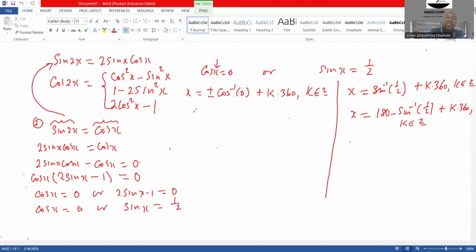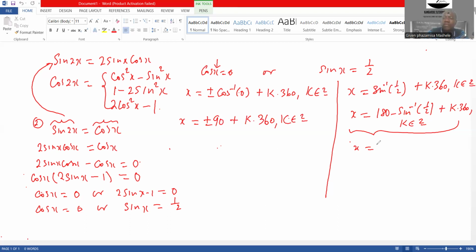So for the first one we're going to say x is plus or minus inverse cos of 0, which I think will give us plus or minus 90, plus k times 360, where k is an element of integers. Then with this one, x equals inverse sine of a half, which will be 30.